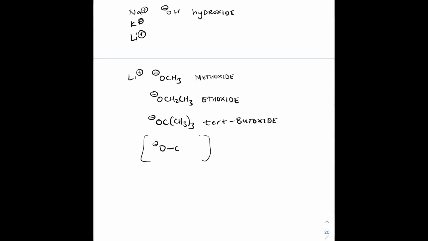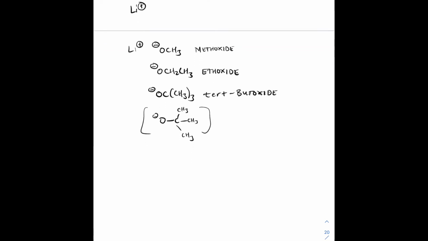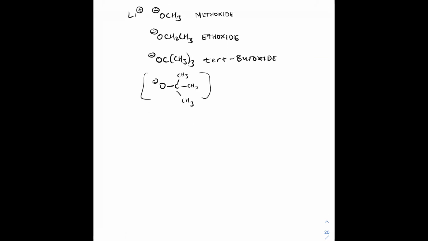We've got that negative charge on the oxygen bound to the carbon, with 3 methyl groups coming off of that carbon. So this is again called tert-butoxide, and it is a very strong base, but it's also really big and bulky too. So this is going to be important in some important chemistry that we talk about in a few chapters from now.